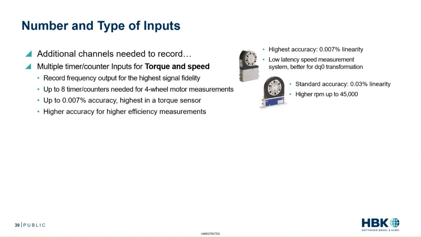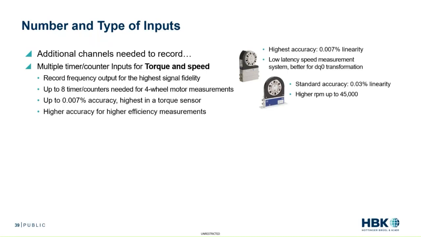Depending on how many electric drive trains you're performing a test on, sometimes you'll need a number of timer counters. In this example, we're talking about 8 timer counters needed for a 4-wheel motor measurement. And torque transducers with an accuracy of up to 0.007% are available. That's pretty much the highest that's available in a torque sensor. Higher accuracy is required for higher efficiency measurements.